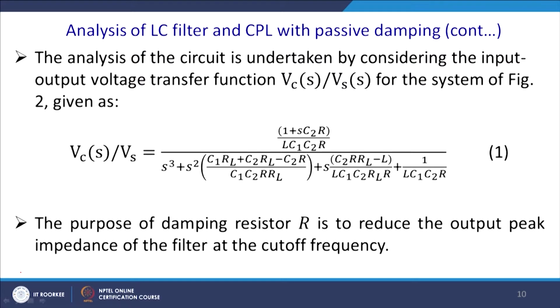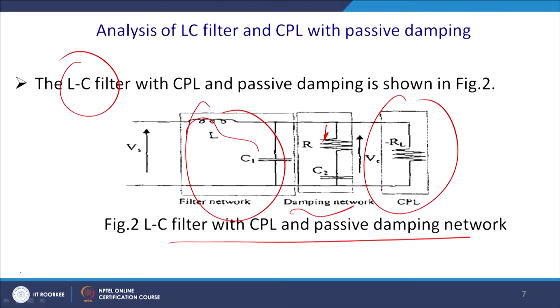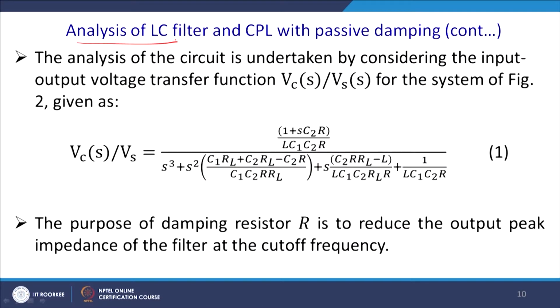Now, let us see the analysis of this LC filter; we have to refer back to the figure. So, figure 2, viewers are requested to refer to that figure by sliding. This is the analysis of the LC filter with the CPL and passive damping, and to analyze the circuit it is undertaken by considering the input and output transfer function, that is VCS by Vs of this figure 2.